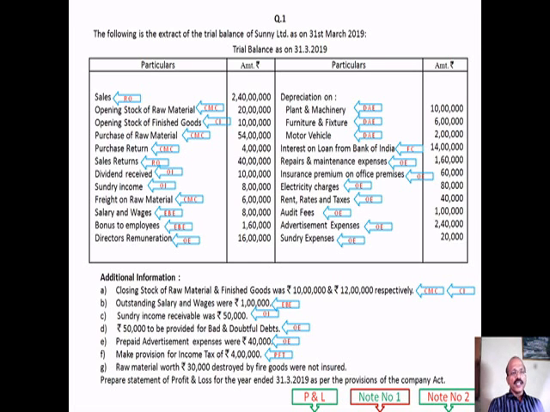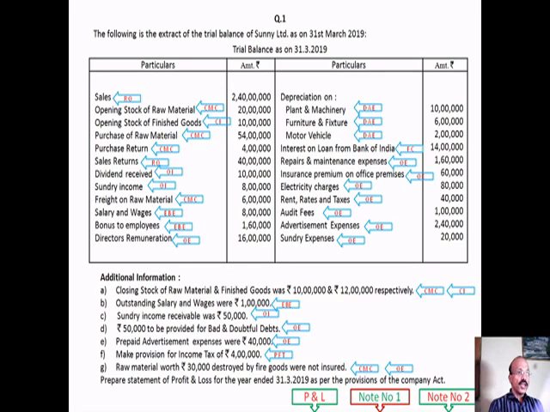In this case, the goods lost by fire weren't insured, so fully lost. The 30,000 will be charged to cost of material consumed, and the actual loss of 30,000 will be charged to the profit and loss account under the head other expenses.